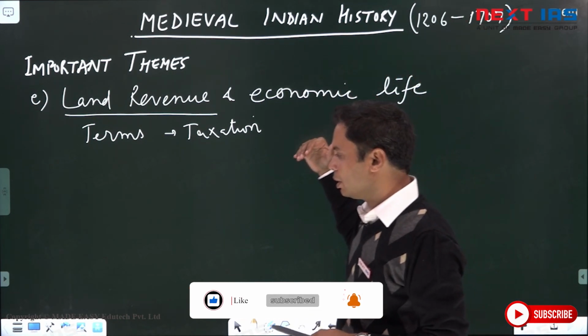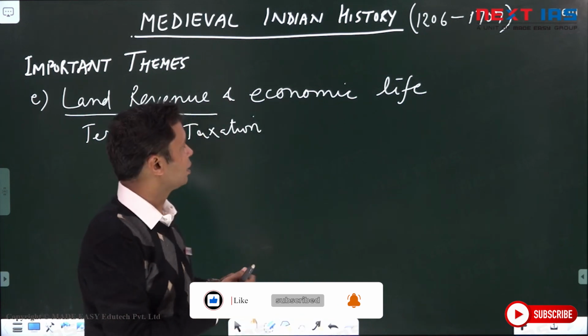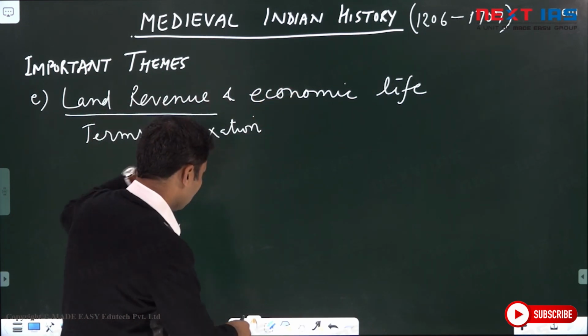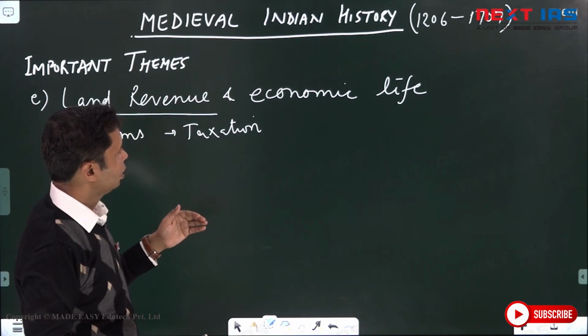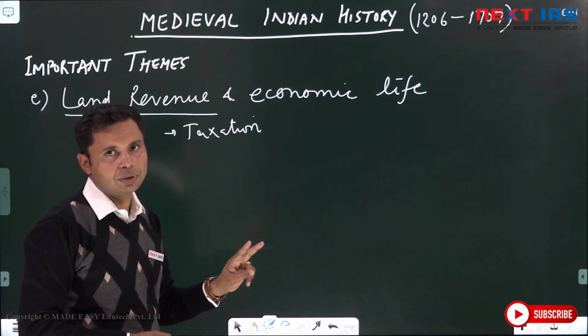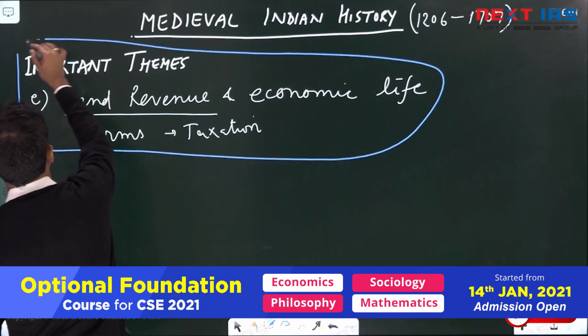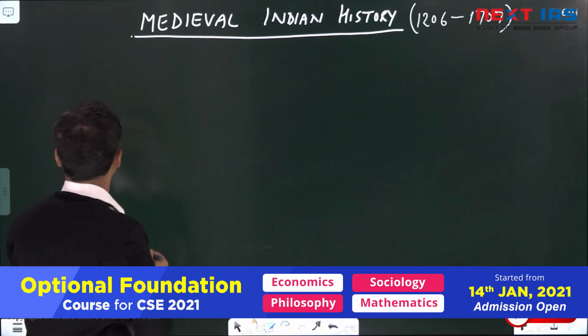So for that matter, if you want to have an understanding of the entire medieval history, you must be ready to read minimum 2 times the entire NCERT, the 11th class NCERT. Now I will be writing the sources also.